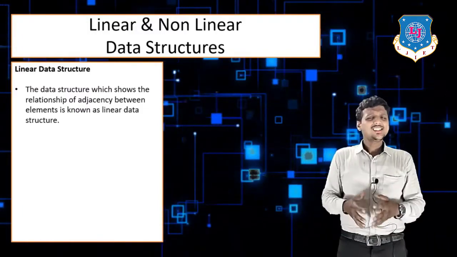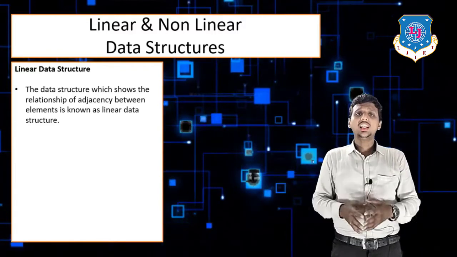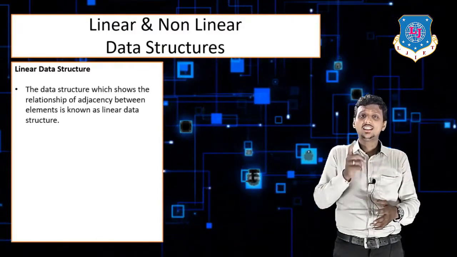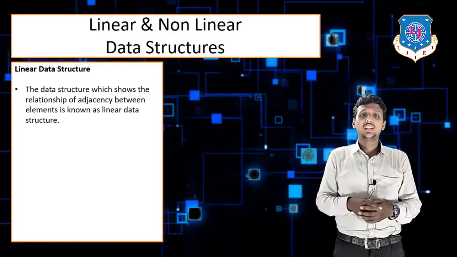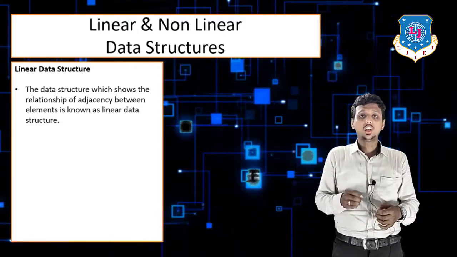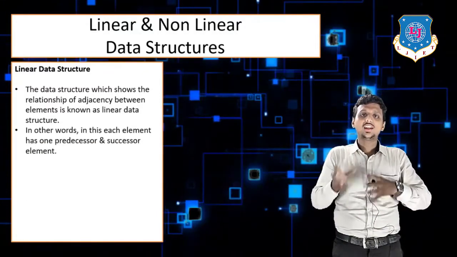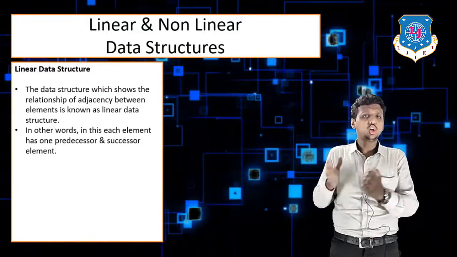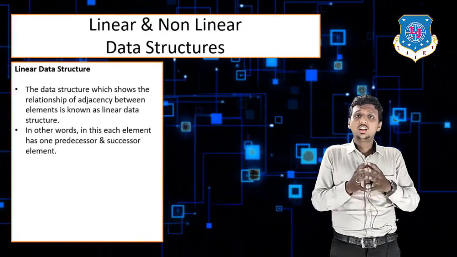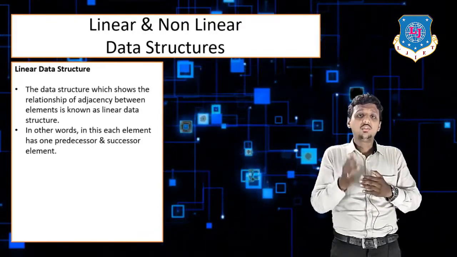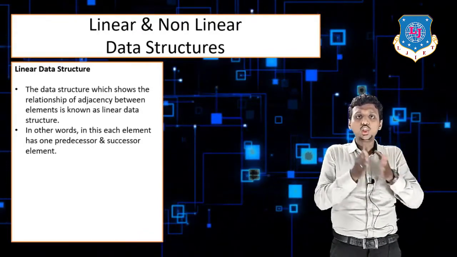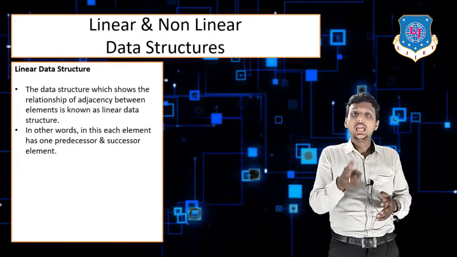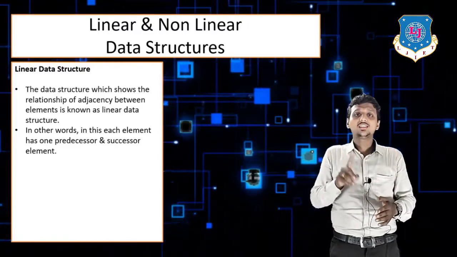So we can say that if our data element has only one predecessor and one successor, then that data structure is known as linear data structure. Now, sir, these two words are very new for us. What do you mean by predecessor and what do you mean by successor? In the sequence 1, 2, 3, 1 is known as predecessor of 2 and 3 is known as successor of 2.